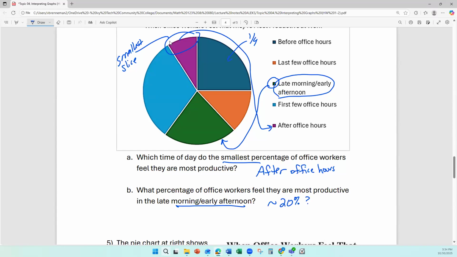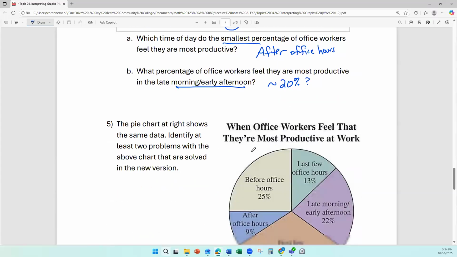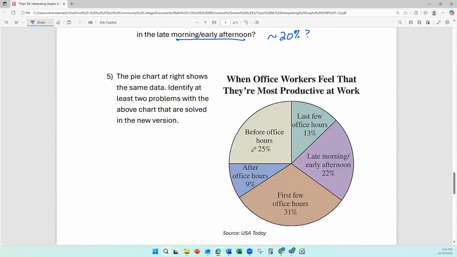But this graph may be a completely accurate graph, but it's not a great graph as far as functionality. So going on to number 5, we have the exact same information in this graph. The colors happen to be different. That's not super relevant, but the main thing here is that we have the category directly labeled on the slice.